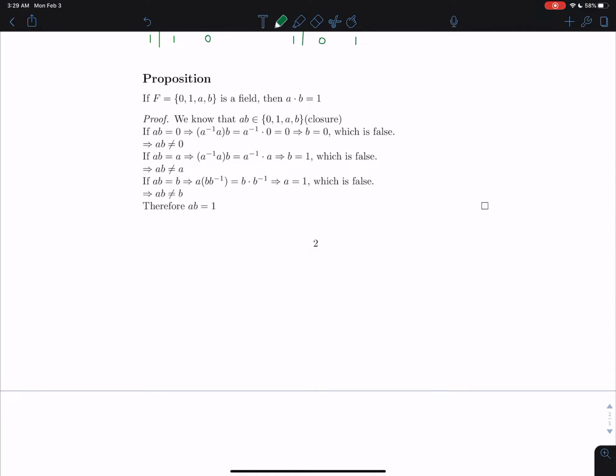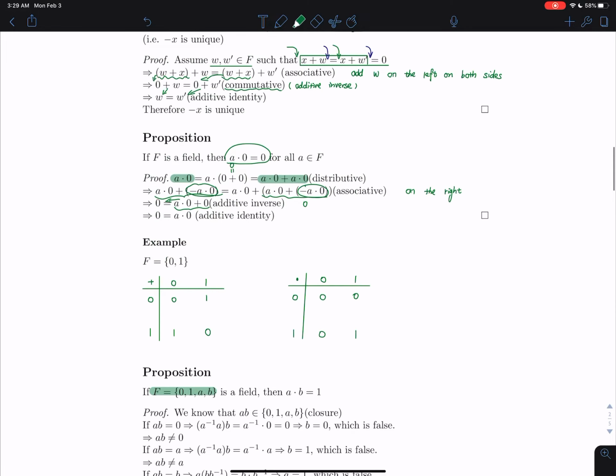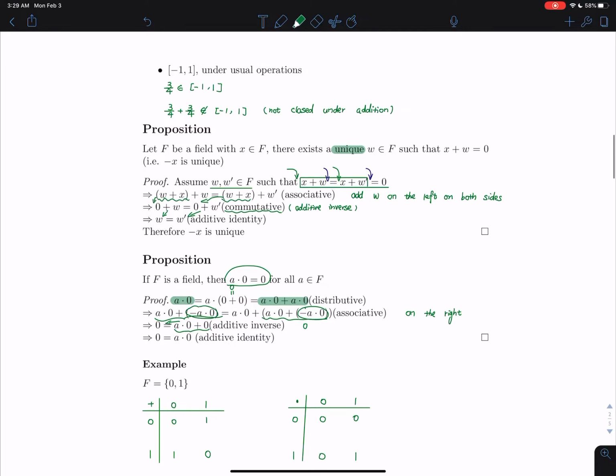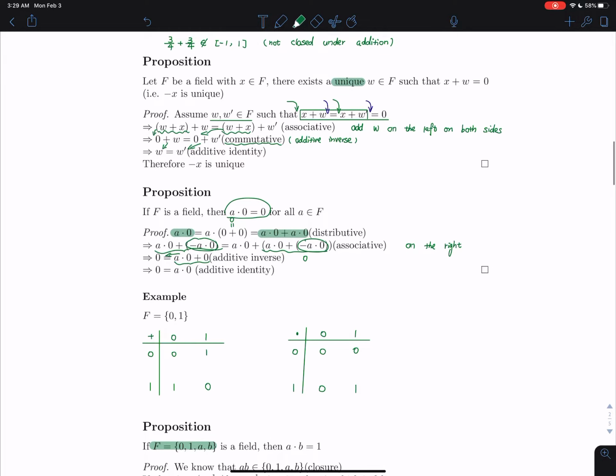Another proposition: if F equals {0, 1, a, b} is a field, notice that this has 4 elements. This proposition is specifically for a 4-element field. If you check the other propositions we talked about, those are just fields in general.